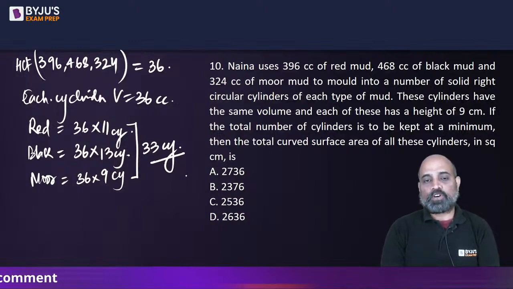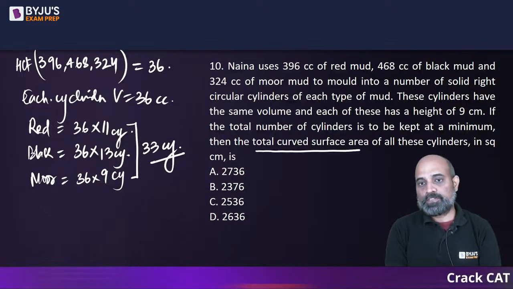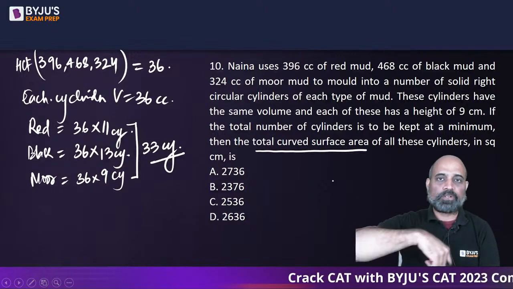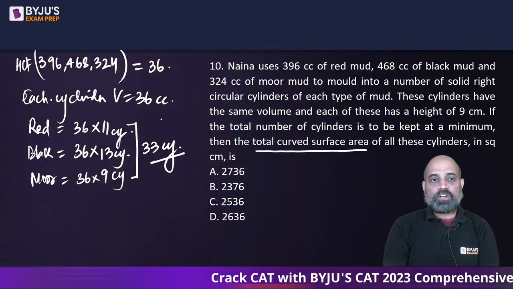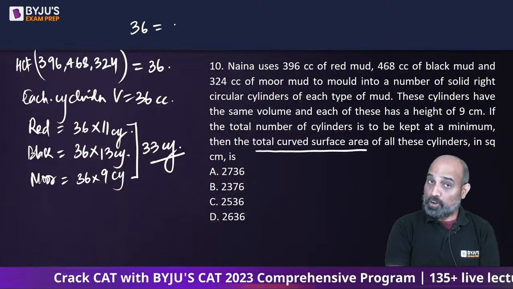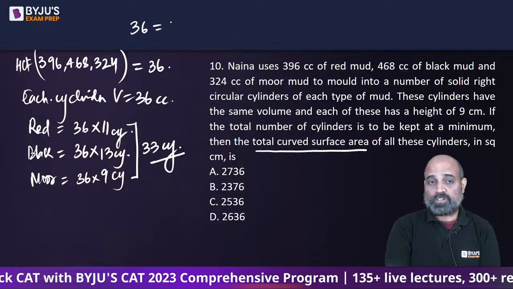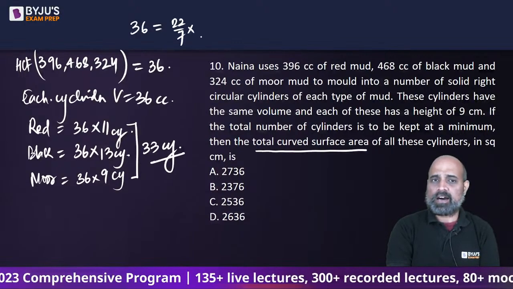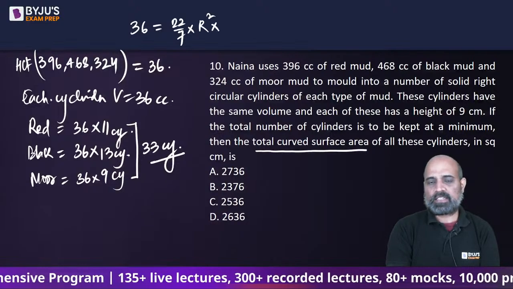Now, what will be the surface area? And we're talking about the total curved surface area of the cylinders, not the top and the bottom. So we're only talking about the slant one. So can we say this 36 cubic centimeter is the volume, right? So the volume of a cylinder is given as pi r square into h.